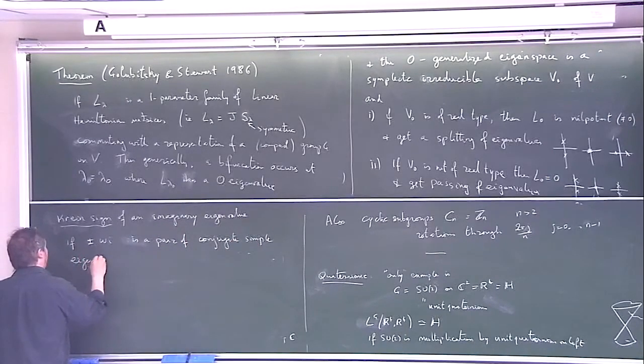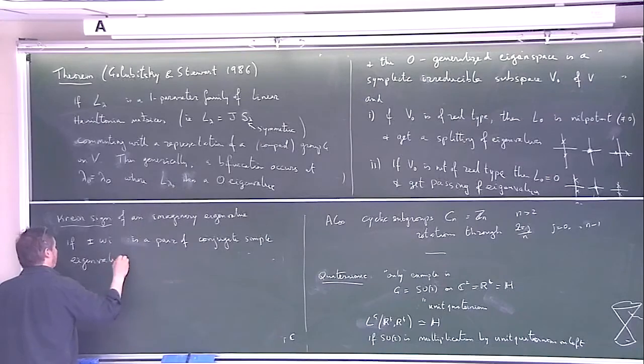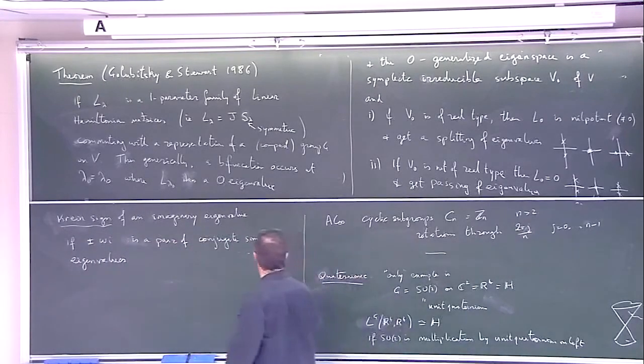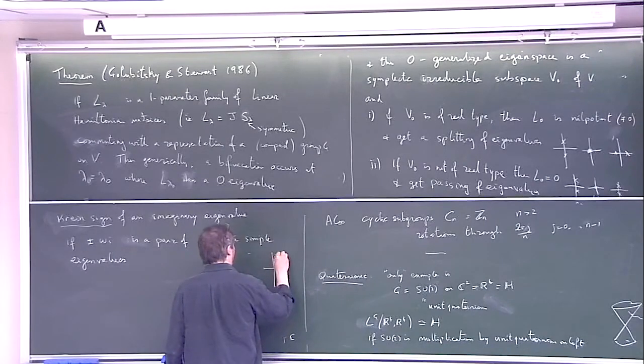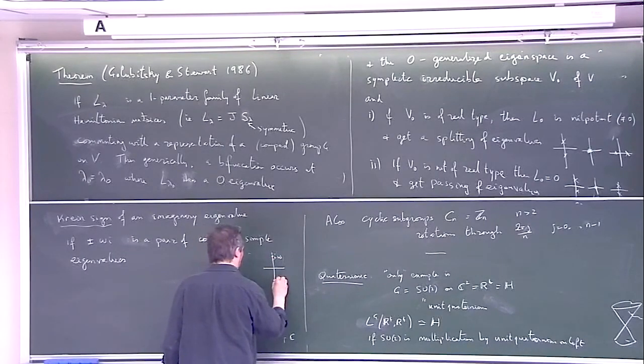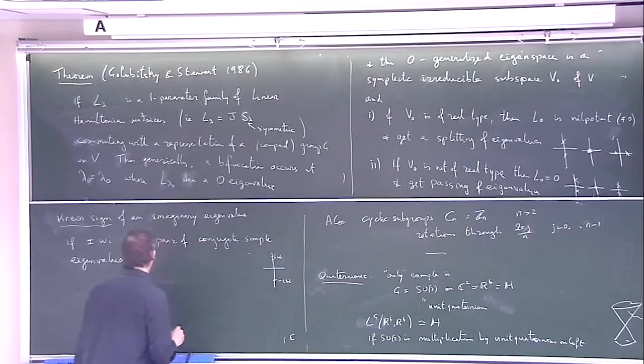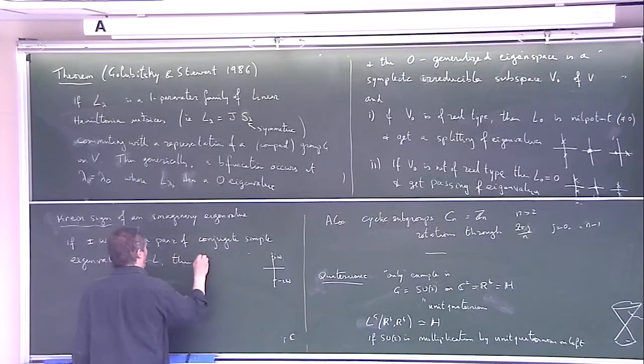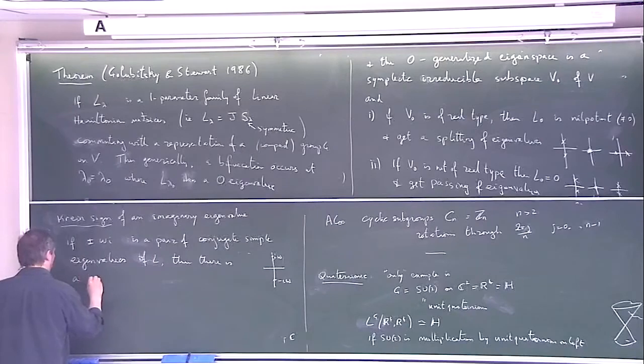So if we have a pair of conjugate simple eigenvalues, plus or minus i omega, of L, then there is a real eigenspace corresponding to them.